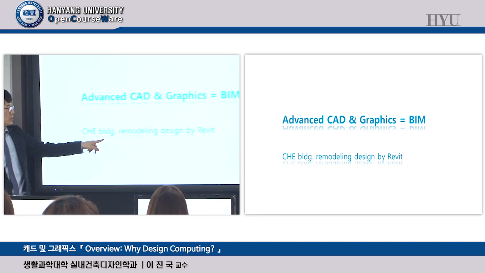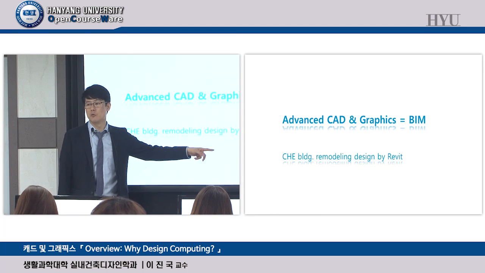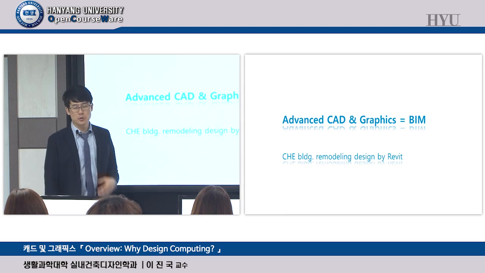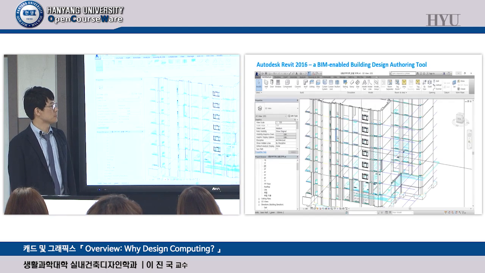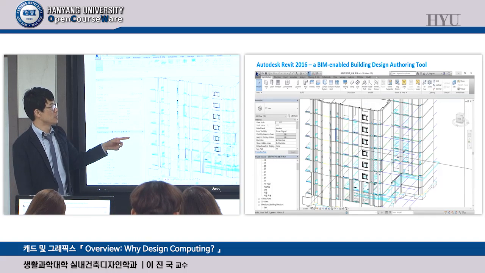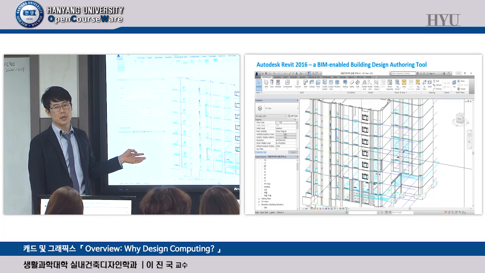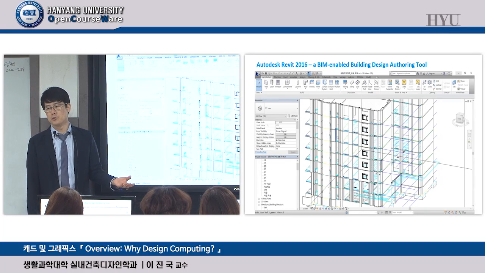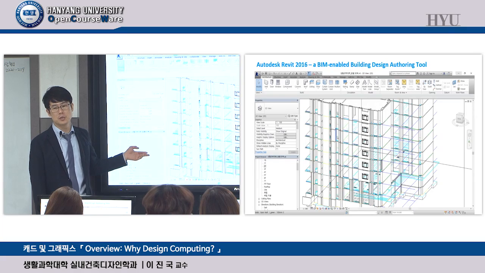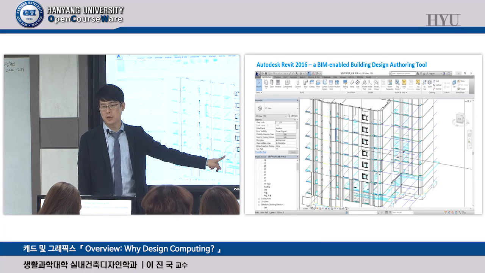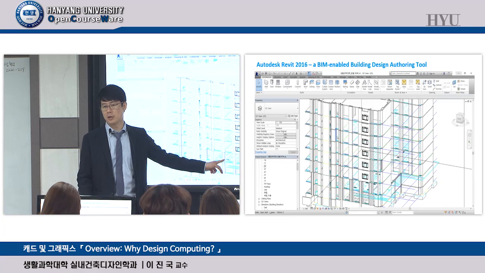College of Human Ecology Building Remodeling designed by Revit. Revit is a computer tool, Autodesk Revit. Let me show you quickly about that. Okay, let's take a look at this application. Does this look professional? Actually, this is cutting edge and a very commonly used advanced tool named Autodesk Revit. And you may recognize this building is our building, okay, in 3D.